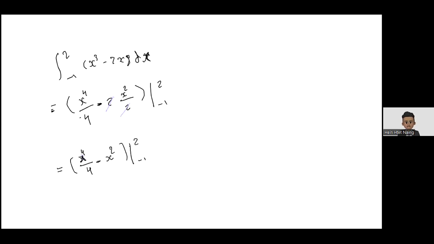So what will we get? I plug in the values into h, right? So when I put 2, it becomes 2 to the 4 over 4 minus, and then 2 again, it is 2 squared. Okay, this is for the upper limit. And then make it minus. So I will put again the lower limit.